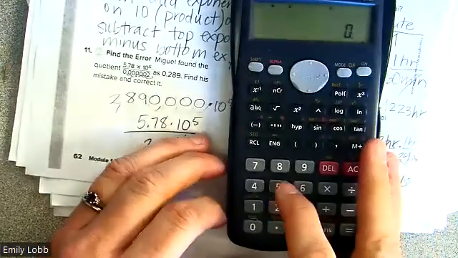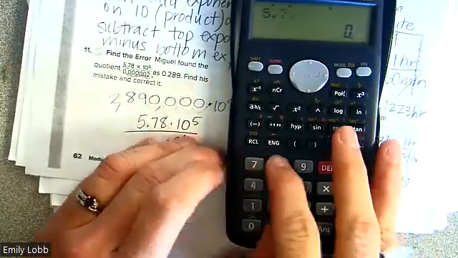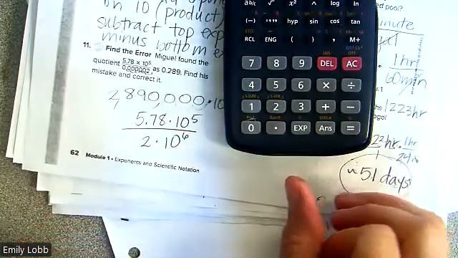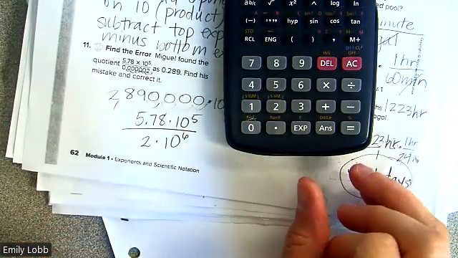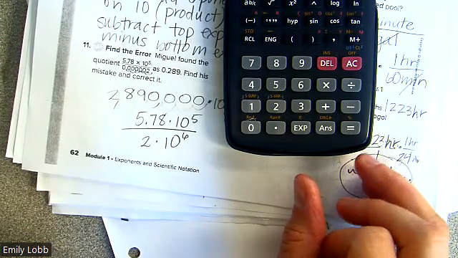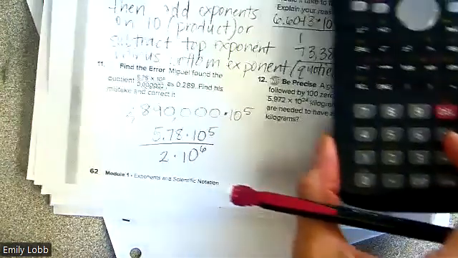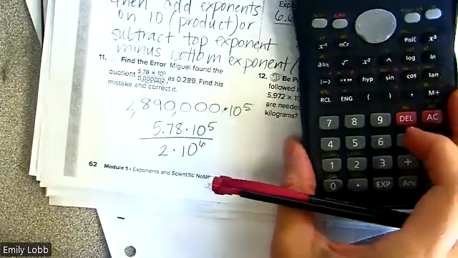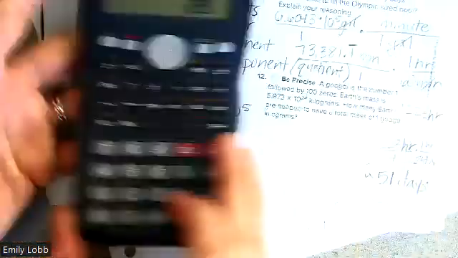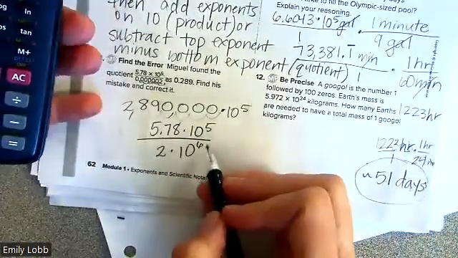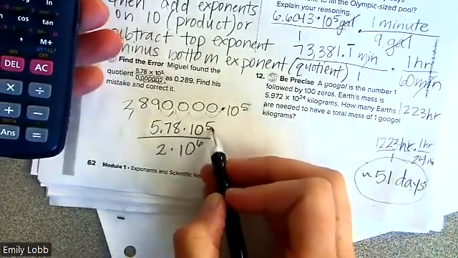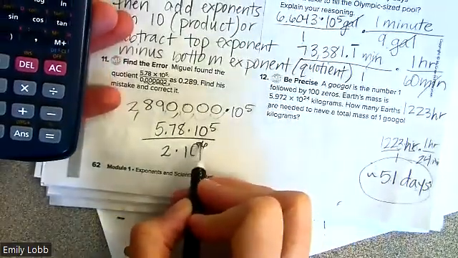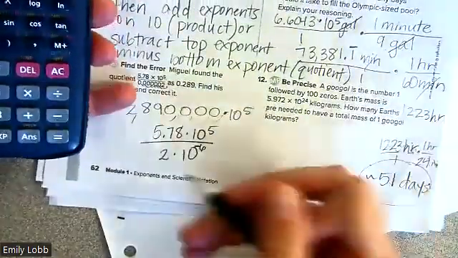So 5.78 divided by 2 is 2.89. And we have to say top. Oh, this is the negative 6. That's what he did wrong.